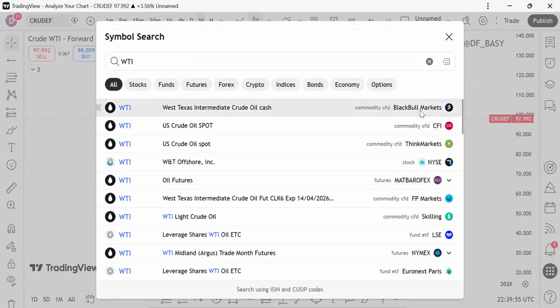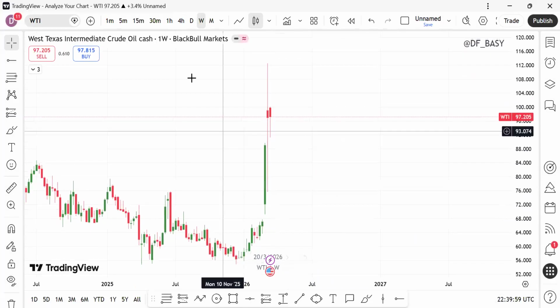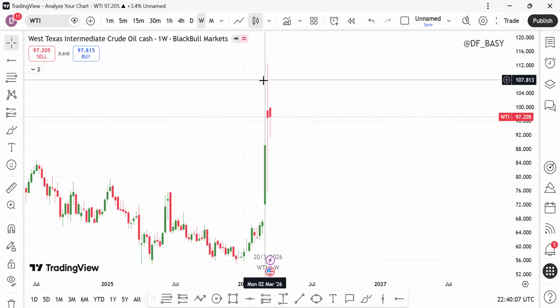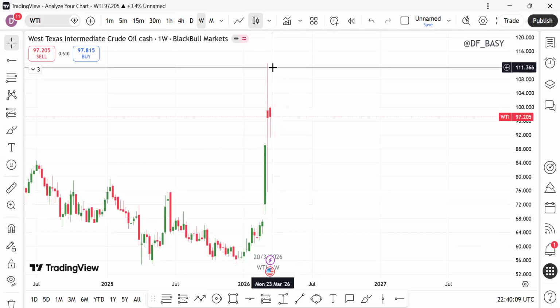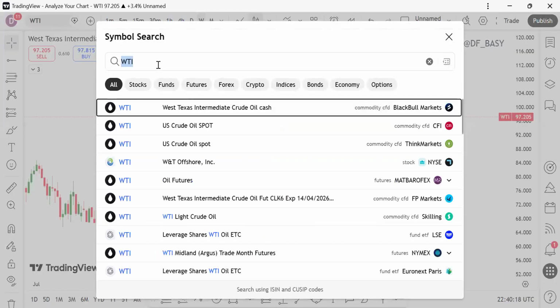Let me check another broker, Black Bull. Yeah, crude oil pumped. In 2 weeks, crude oil went from $67 to $100, and it was selling at $110. Now it's currently at $97. That's when the market closed for the week. So that's what affected the market.